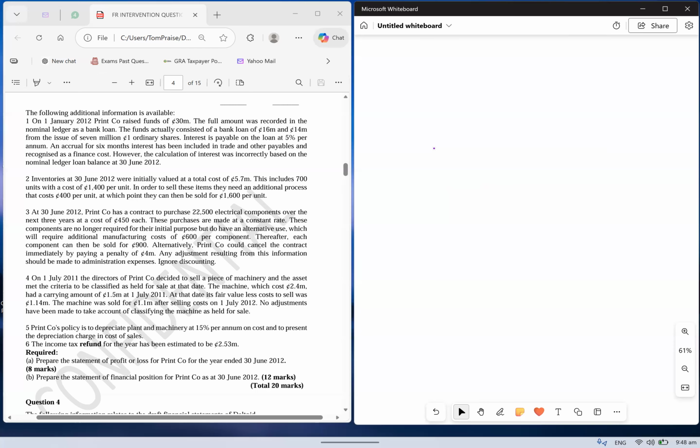Thereafter, each component can be sold for 900. Alternatively, Printco can cancel the contract immediately by paying a penalty of 4 million. Any adjustments relating to this information should be made in administrative expenses. Ignore discounting. This is what we call an onerous contract.